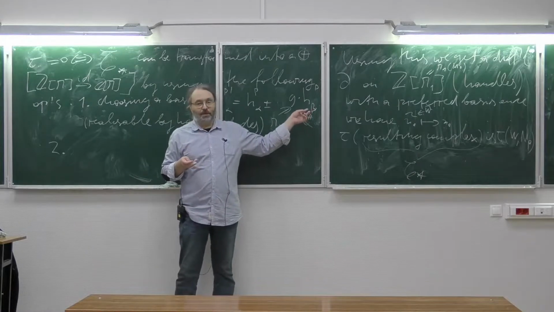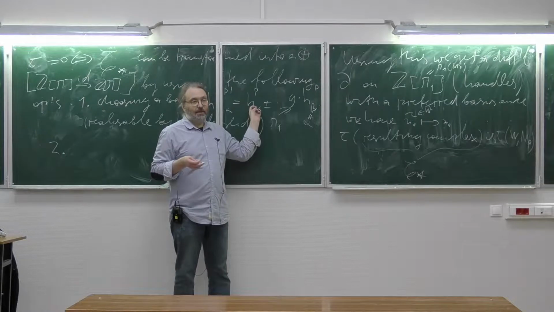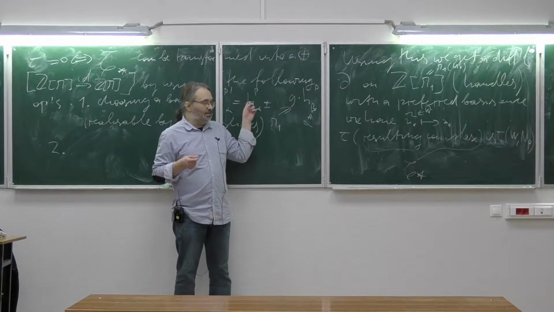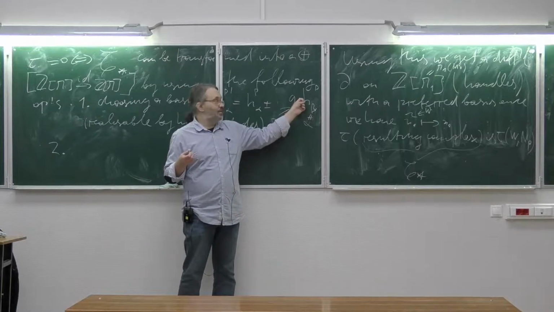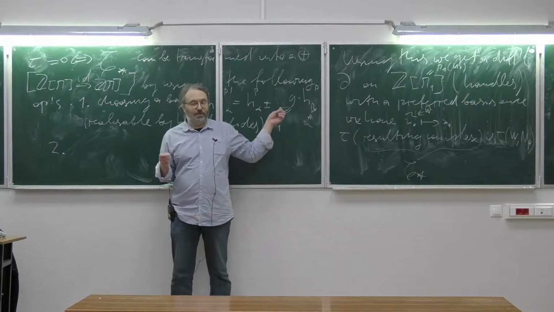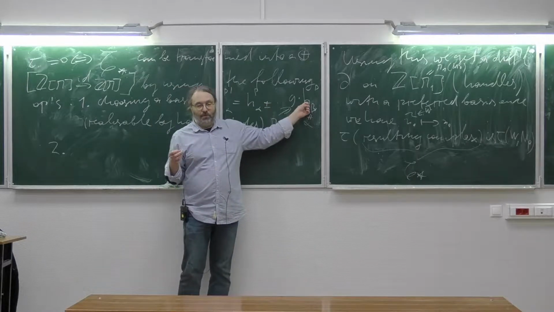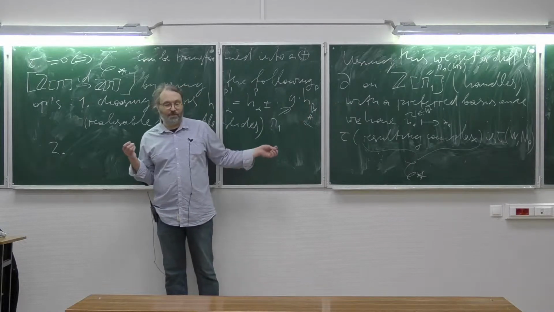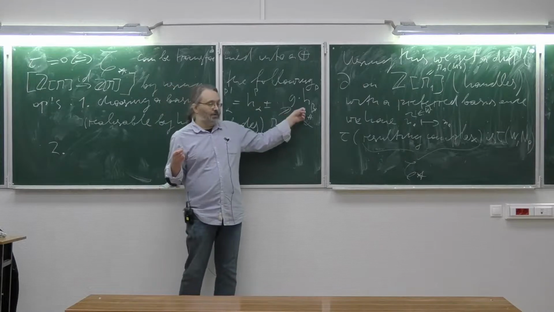We take the attaching sphere of this one, and by deforming it, we bring it close to the attaching sphere of this handle, and then we take the connected sum of the two spheres, and we get another sphere, which is the attaching sphere of the new handle.